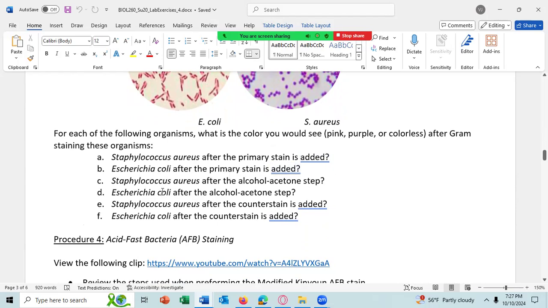C, Staphylococcus aureus, after the alcohol acetone step, what color is it? D, E. coli, after the alcohol acetone step, what color is it? Put it here. E, Staphylococcus aureus, after the counterstain is added, what color is it? Put it here. And then F, E. coli, after the counterstain is added, what color is it? Any question about any of that?